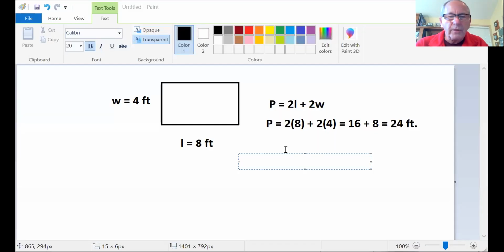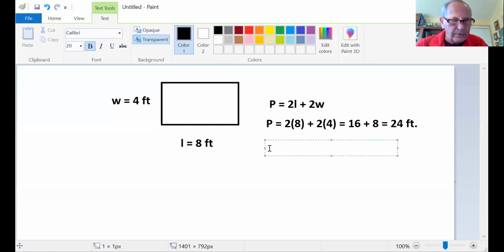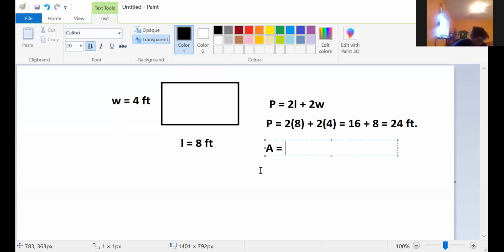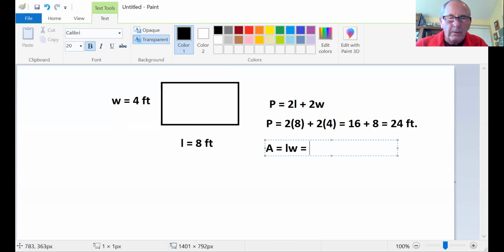So you understand on this one, of course, what's the area equal to? What's the area? Rectangle. What did we say? It was length times width, right? So it's just 8 times 4, which is 32, right?